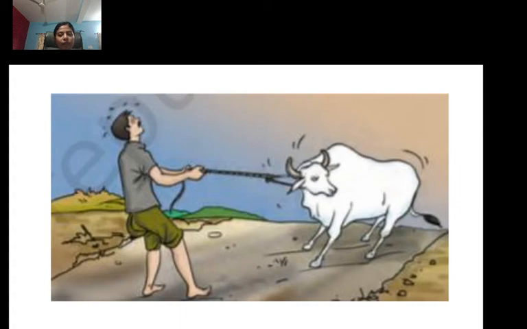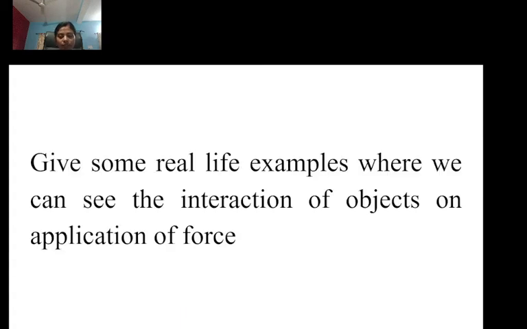Now give some real life examples where we can see the interaction of objects and the application of force. The applications must involve force, right?